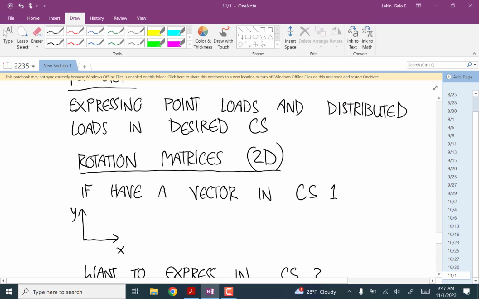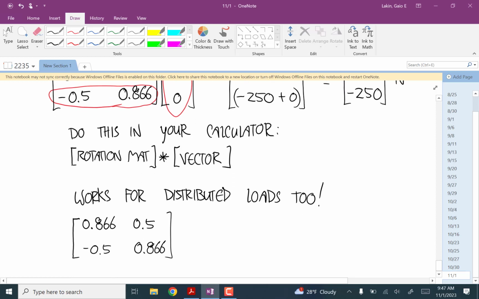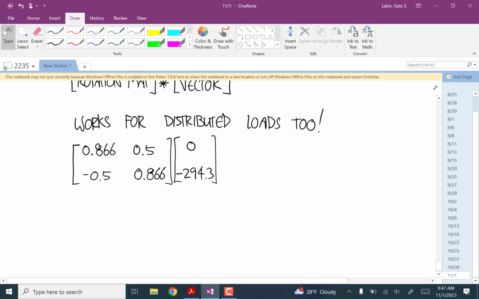Okay. So we're going to take that rotation matrix and multiply it by the vector representing that distributed load. In the old coordinate system, how would you represent that distributed load as a vector? 0, -2. Yep, that's perfect. Everyone see that? So this distributed load would be 0, -294.3. You can think of that as our Q vector.